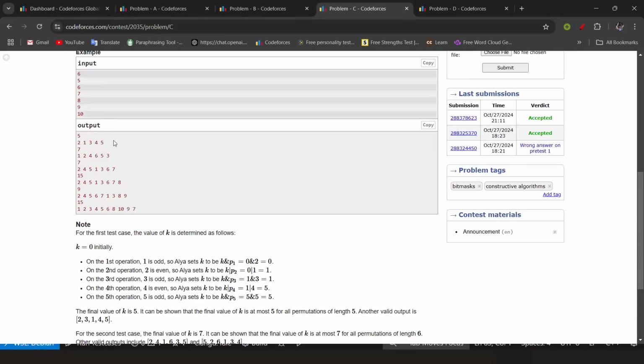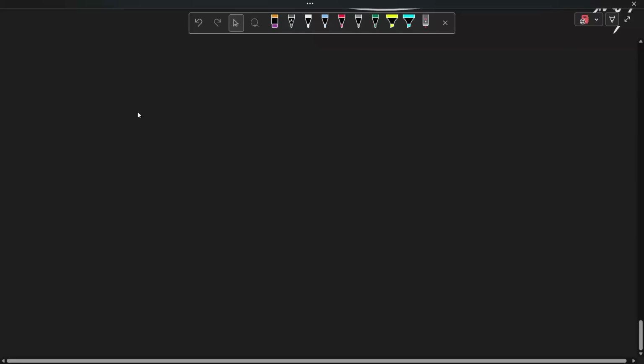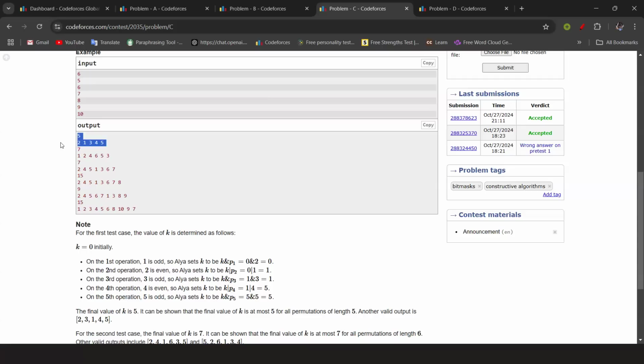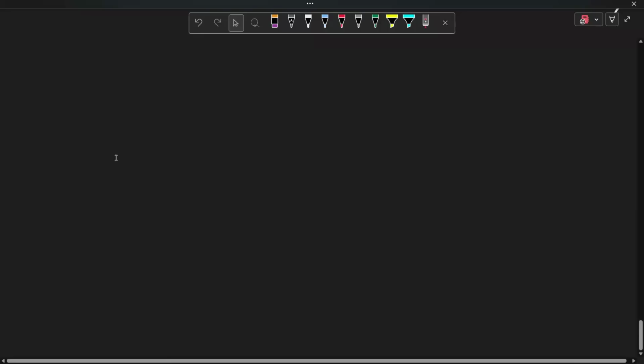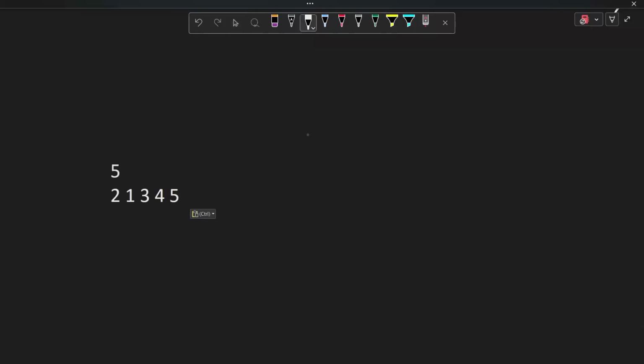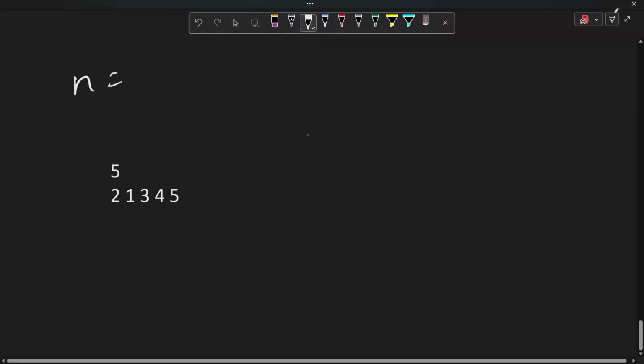Let's move it to this side and explain. So what you are given here is n. n was given as 5 as an input.